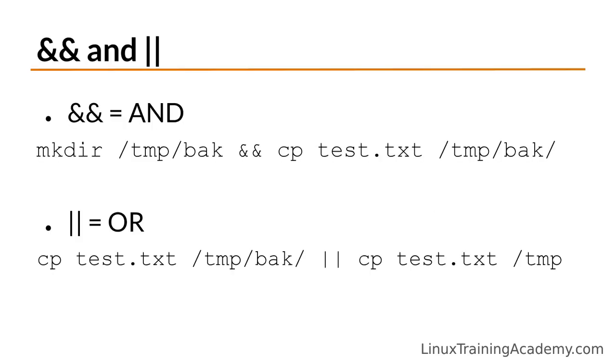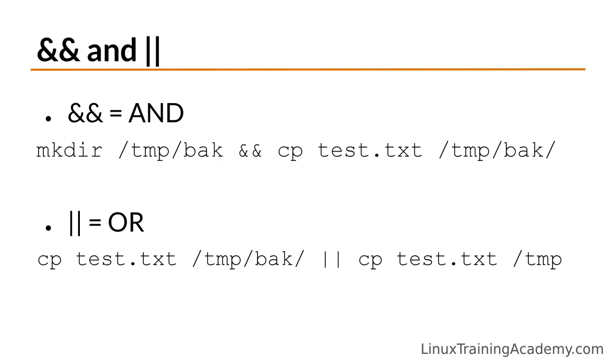In addition to using if statements with exit statuses, you can use logical ANDs and ORs. The double ampersand represents AND, while the double pipe represents OR. You can chain together multiple commands with either ANDs or ORs. The command following a double ampersand will only execute if the previous command succeeds.